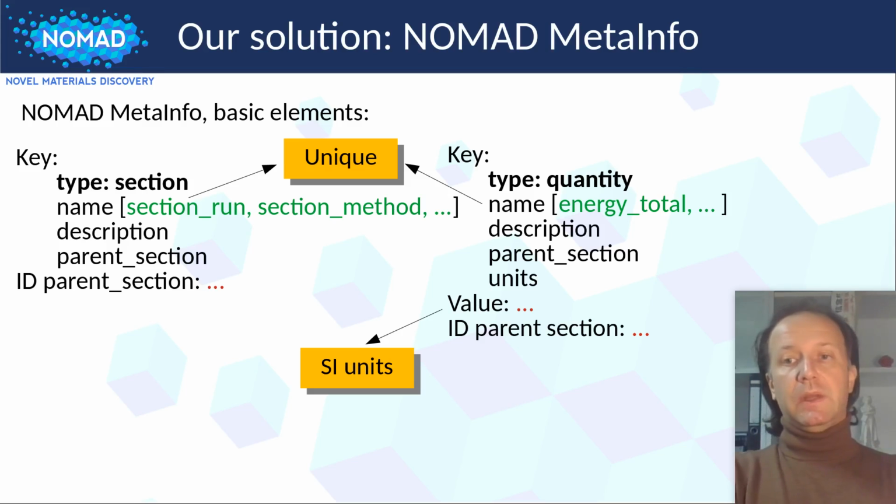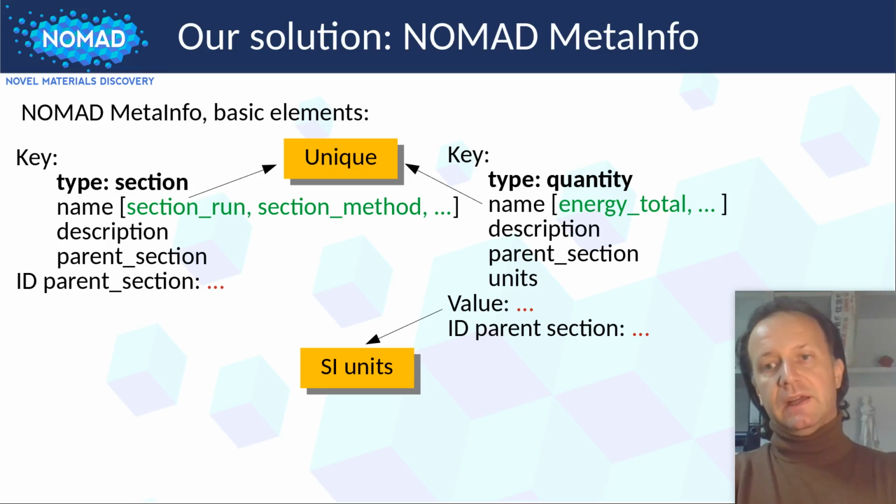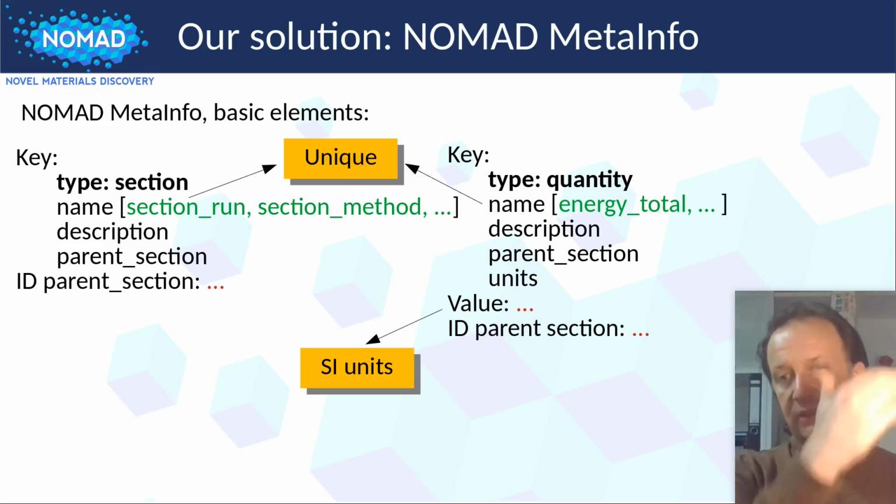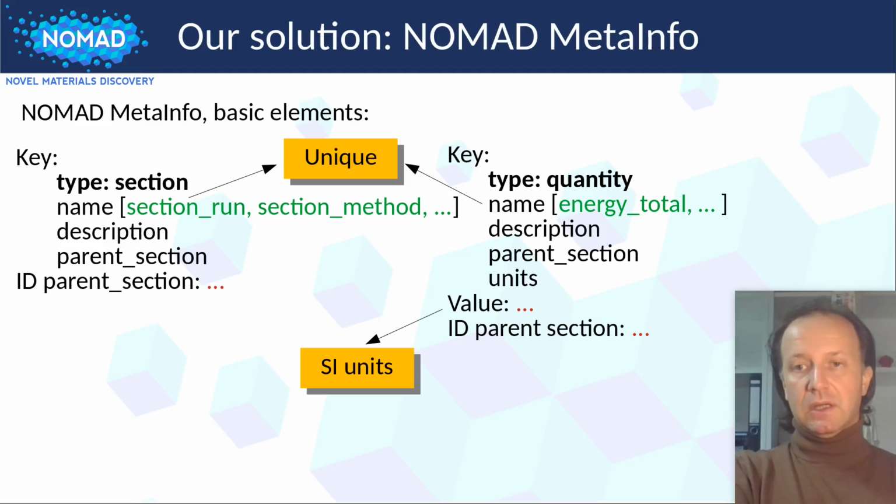So jumping directly to how MetaInfo was designed, now that you have seen this structure in tables, we mapped this into a logical representation that goes back to these tables and items in tables. We have types of metadata, and the most important ones are the type section, which essentially maps the tables, and the type quantity, which maps the items in the table.